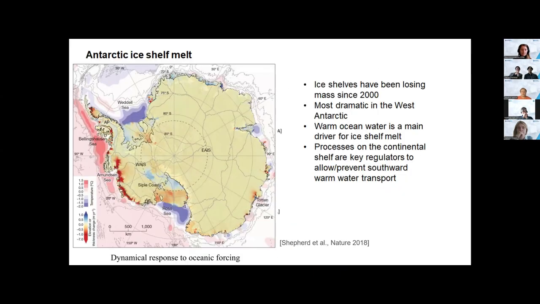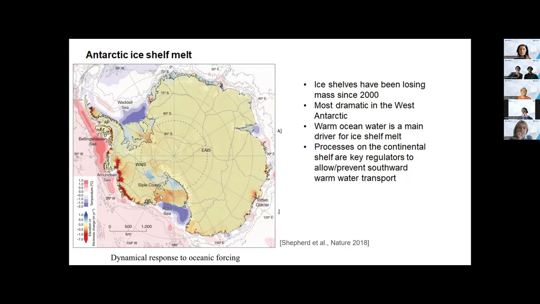Besides Antarctic bottom water, the other big subject that we're looking at is ice shelf melt. So this map shows, first of all, with the temperatures, the colors around the Antarctic, red meaning positive ocean temperatures of up to 1 degree or so.